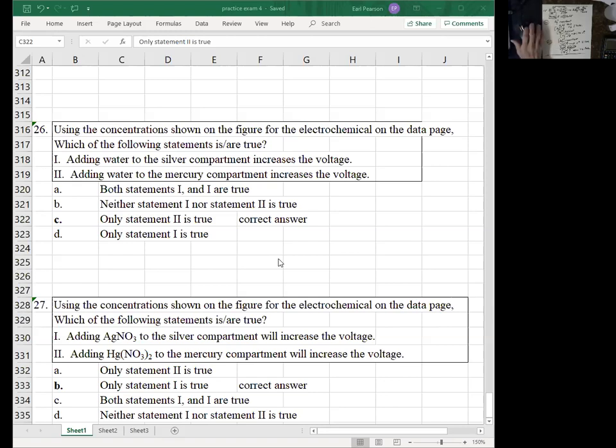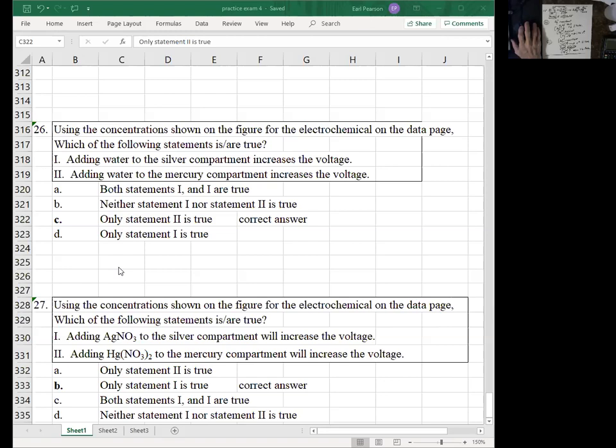And as you noticed in all of these statements, those answers are here. So be very, very careful when you're working with voltages that come out to be negative. We're always going to go to our standard tables. We're always going to write down the direction that would give us a positive voltage at 1 molar concentrations.